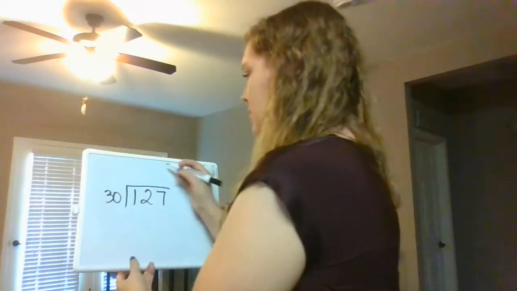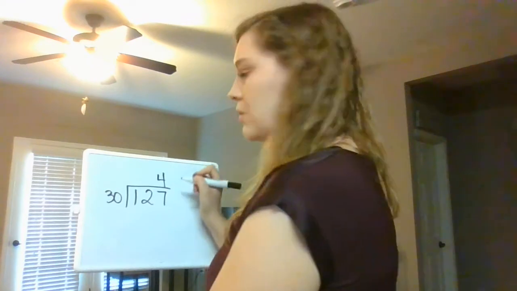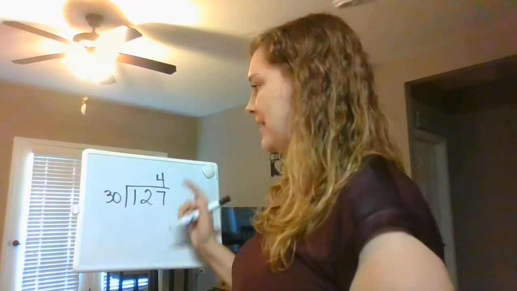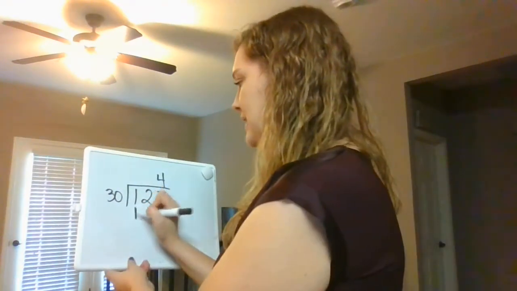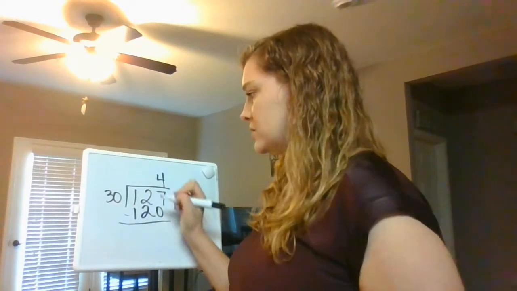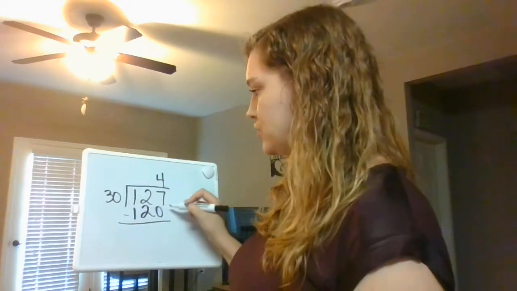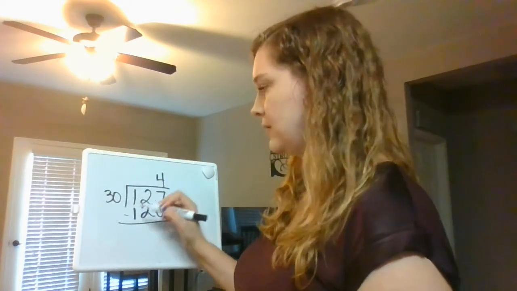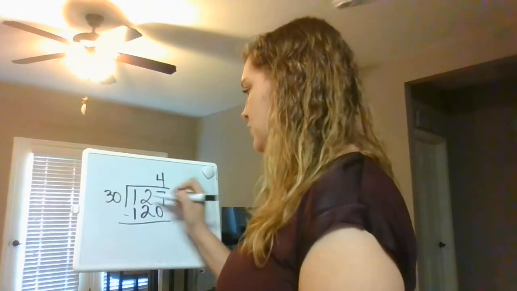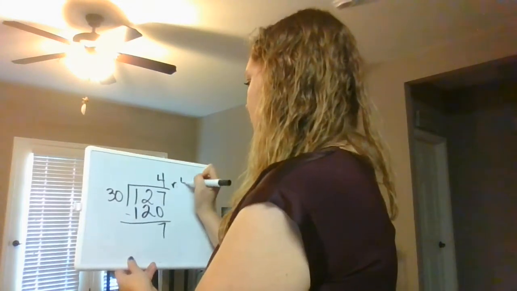But we're going to have to put our number all the way over here, because when we multiply 4 times 30, that is 120, and it has to fit under here. So 4 times 30 is 120. 127 minus 120 is 7. So our answer is 4, remainder 7.